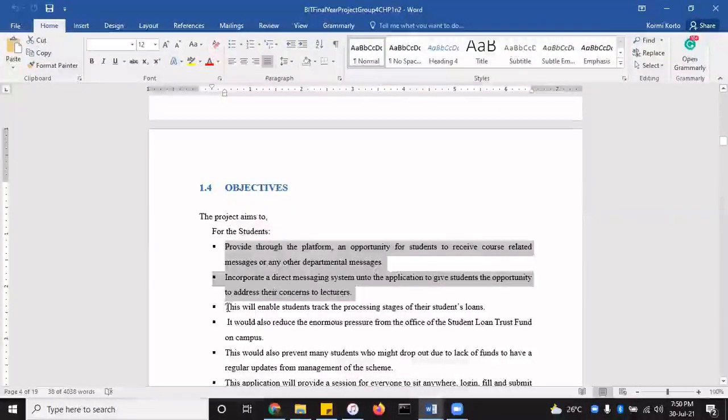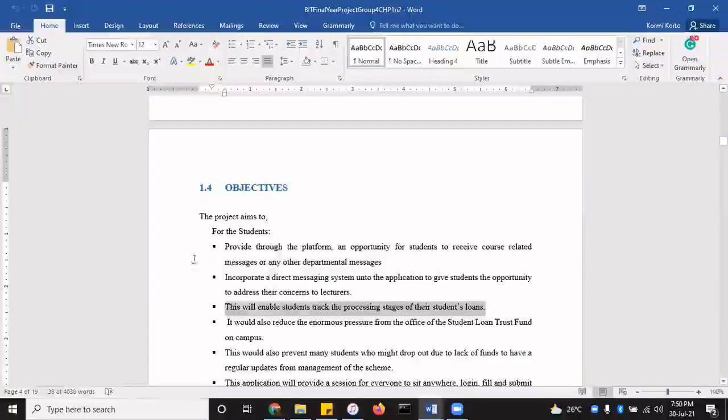Now this is definitely an objective. This will enable, no, you don't talk about the benefits as an objective. Yeah, the objectives are supposed to be in bulleted points.